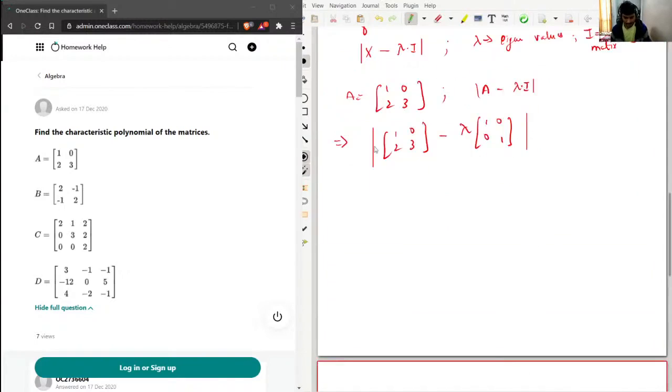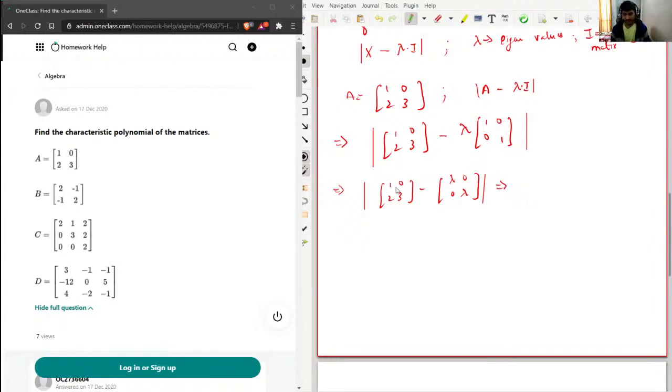Yeah, so I'll just multiply this lambda. As this is a scalar number, it will be multiplied with each and every term of this matrix, and this will be lambda and lambda. So determinant of 1 0 2 3 minus lambda 0 0 and lambda. Now I'm going to subtract these two matrices.